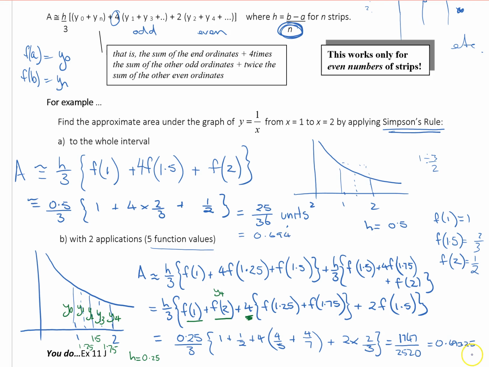It should be a little bit more accurate because I've done more applications. I think it should be right to go ahead and do questions from 11J now.